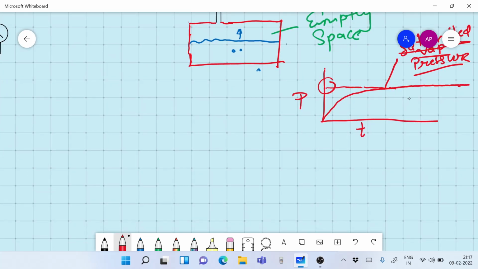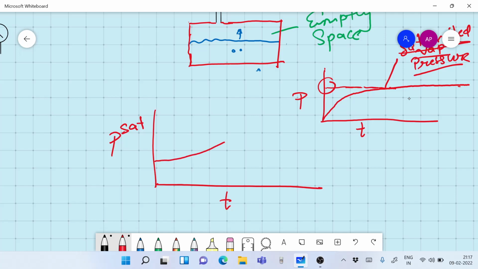So let's have a look now. How does the saturated vapor pressure graph really look like? You have the saturated vapor pressure here, and you have the temperature here. Now this graph is going to look something like this. Okay, so the obvious thing here is that as the temperature goes up, the vapor pressure goes up, and as the temperature reduces, the vapor pressure reduces.